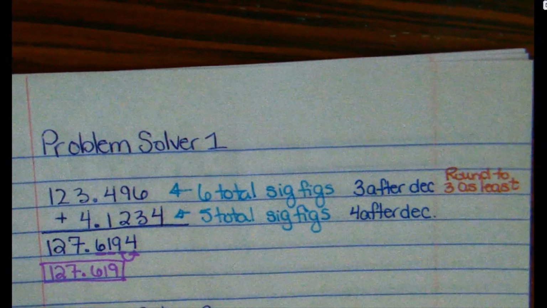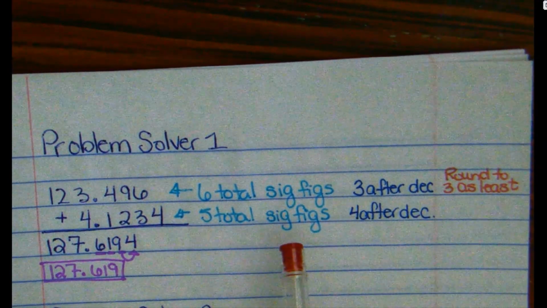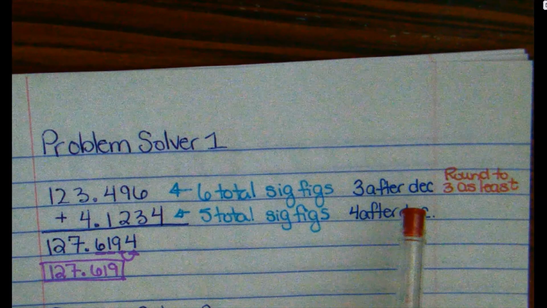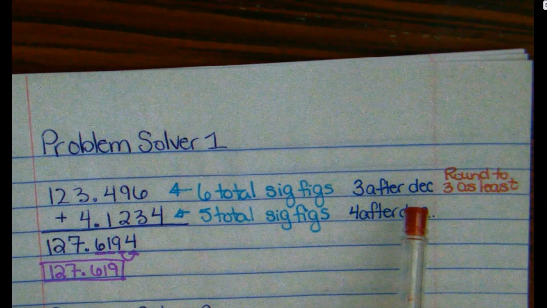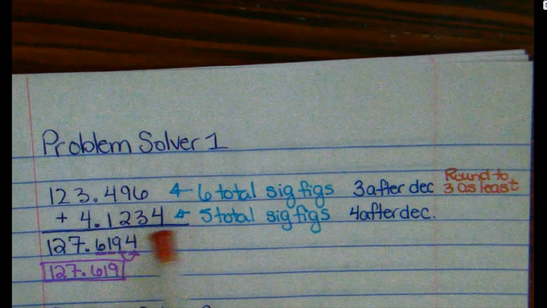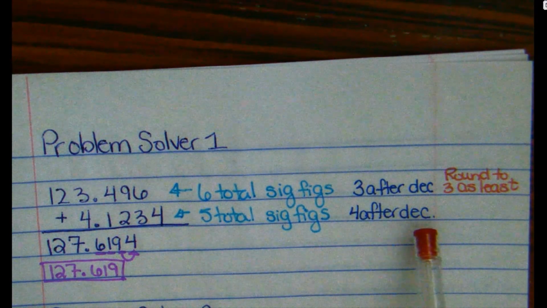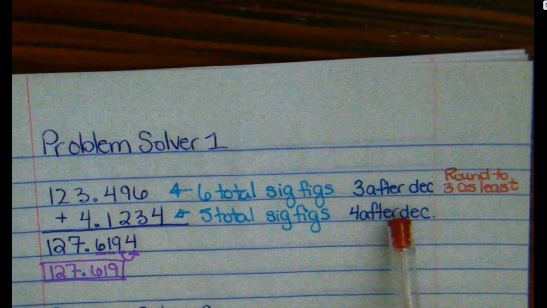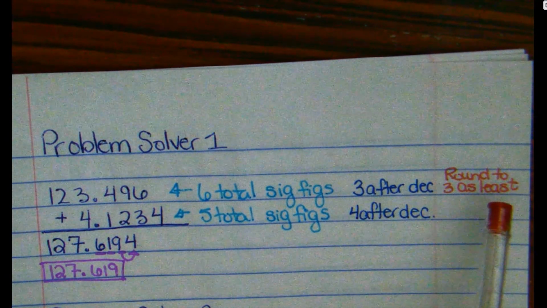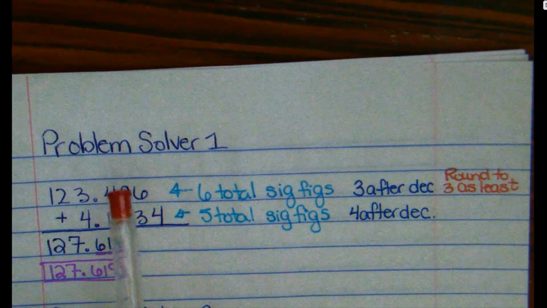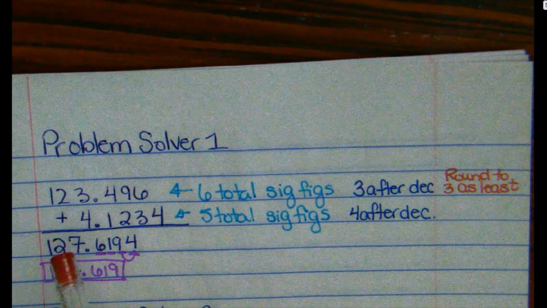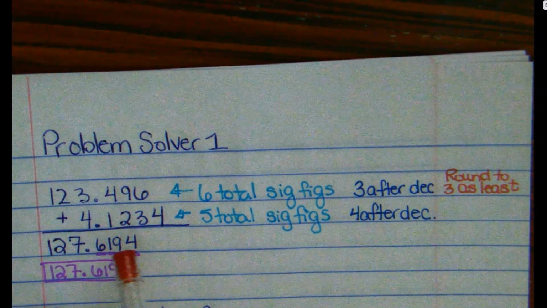Looking at the first line, we have 6 total significant figures, with 3 of those being after the decimal. On the second line, we have 5 total significant figures, with 4 after the decimal. 3 is less than 4, so we're going to round to 3 as it is the least. The total number we get when we add these together is 127.6194.